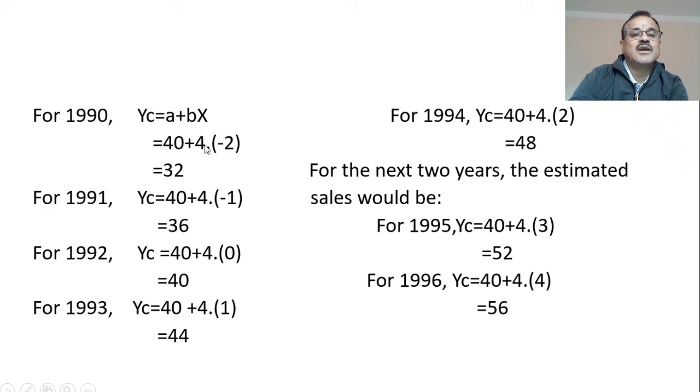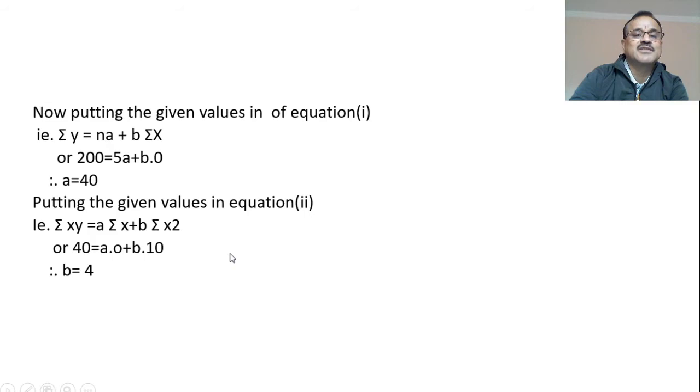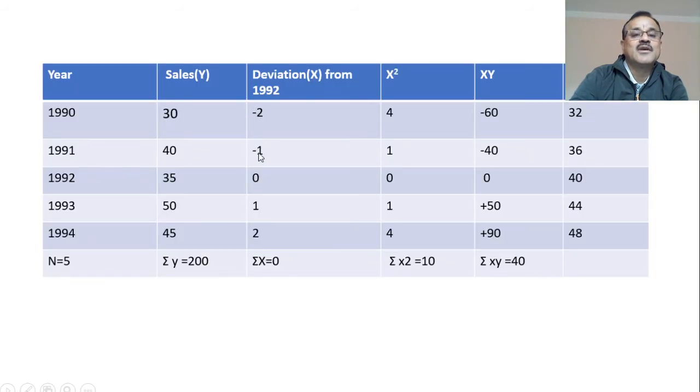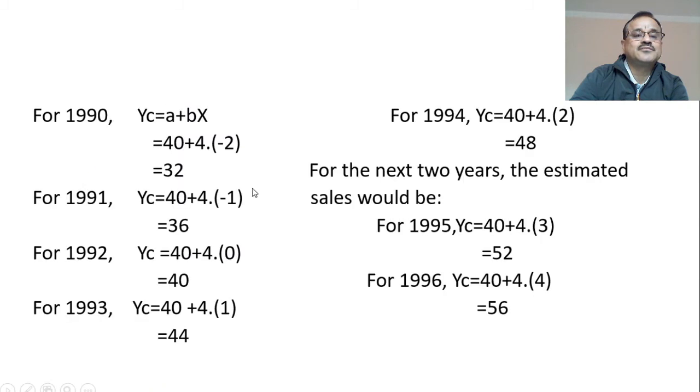So 40 minus 8 is 32. In 1991, the value of x is minus 1, so this is 36. In 1992, the value of x is 0, so 4 into 0 is 0, and this is 40.